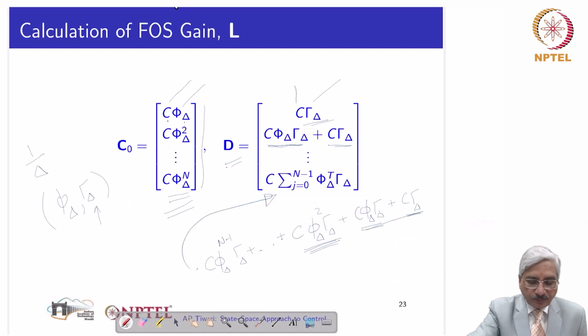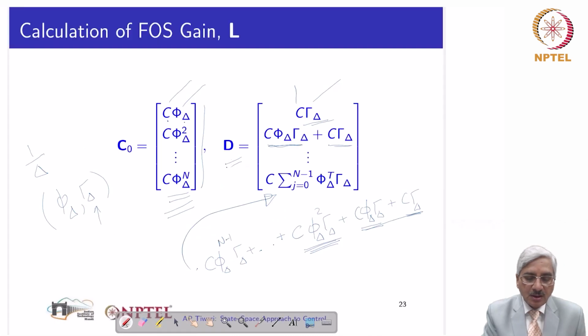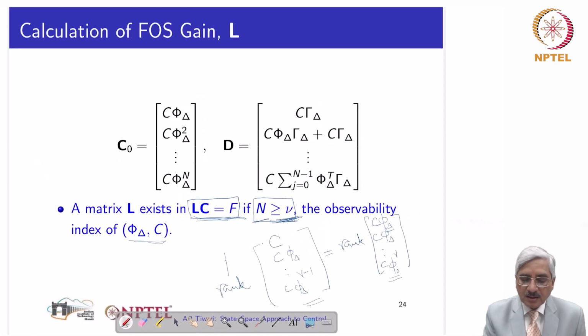So essentially we have to set up the matrix C, which is set up using C0 and D, and if we have chosen n satisfying this condition, then L will exist.